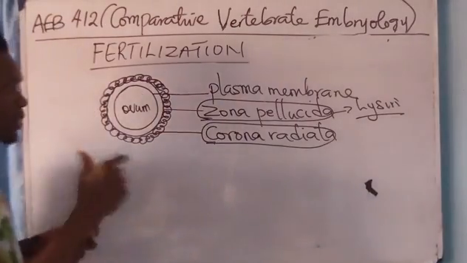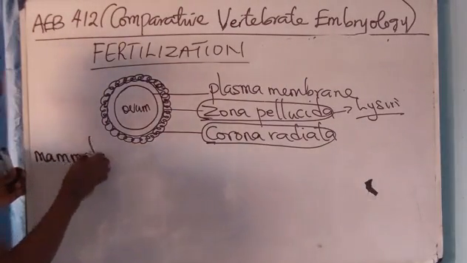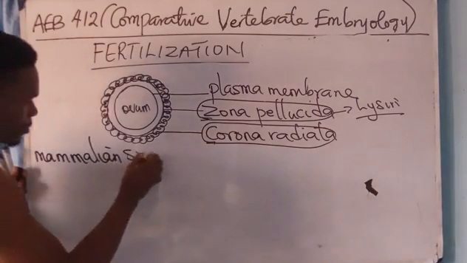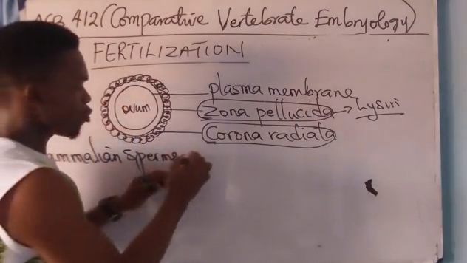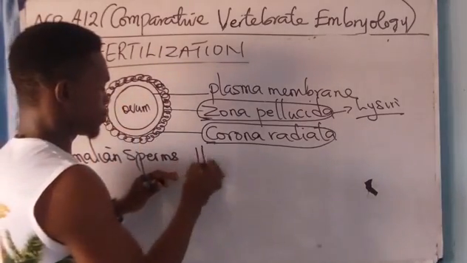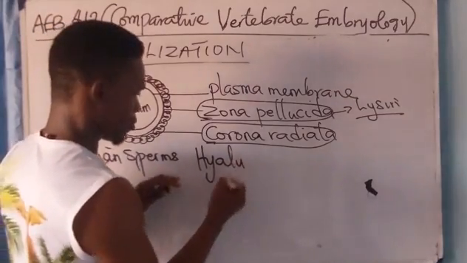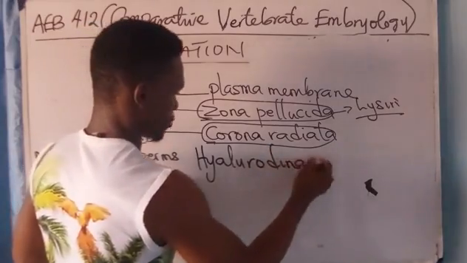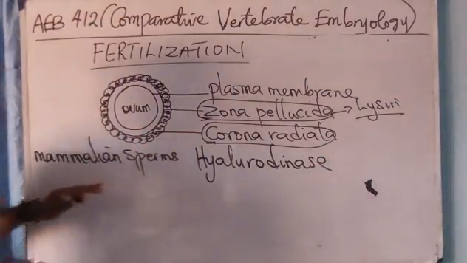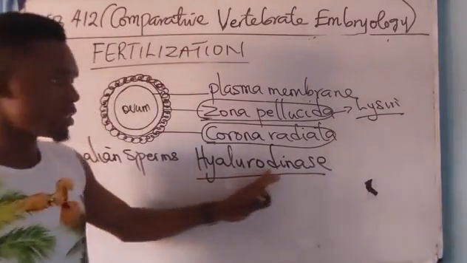However, the mammalian sperms produce an enzyme called hyaluronidase.